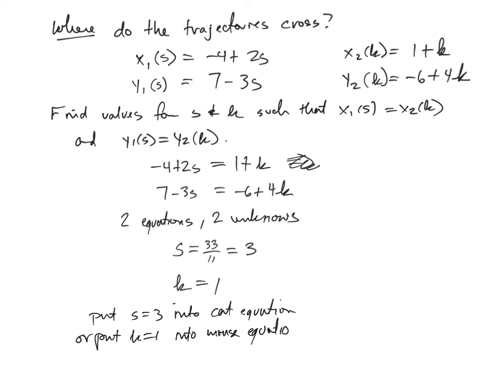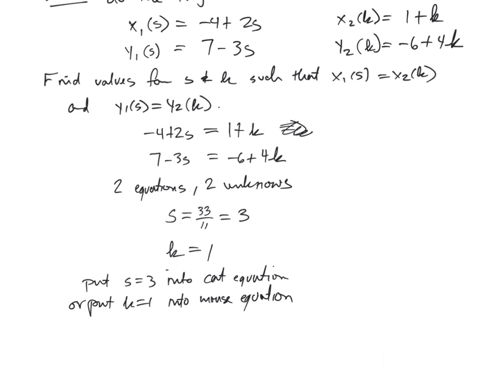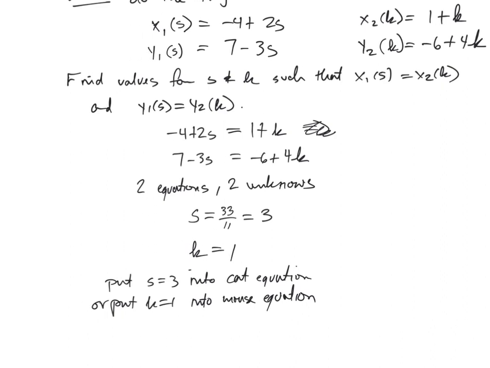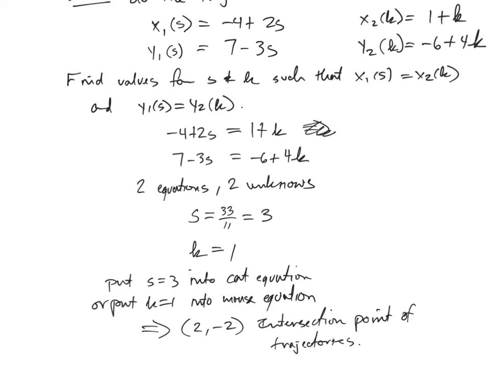Either way, we should get the same answer. It's a good check. If you don't get the same answer, you've done something wrong. Either way, you find that the xy coordinates you get are 2, negative 2. Okay, so this is the intersection point. So we found the intersection point of the trajectories. We know that the cat and the mouse don't occupy it at the same time, so the cat doesn't catch the mouse.